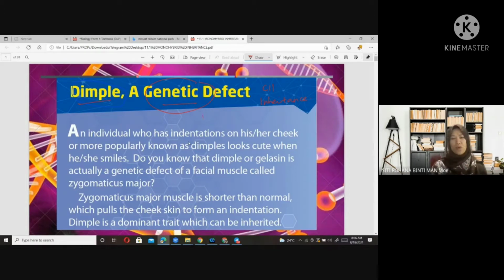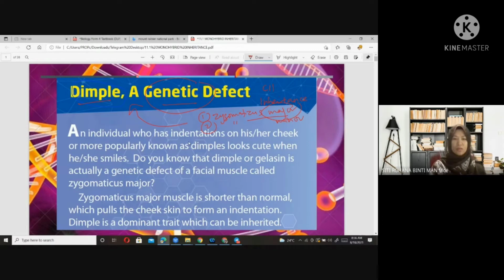The first one called zygomaticus major muscle, and the second one zygomaticus minor. So, defect in the formation of zygomaticus major lead to the formation of dimple.